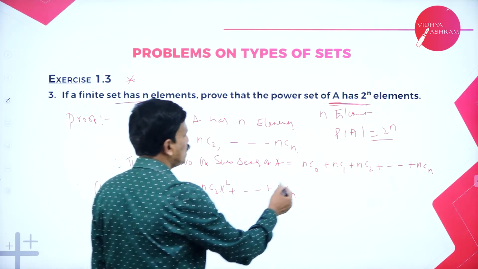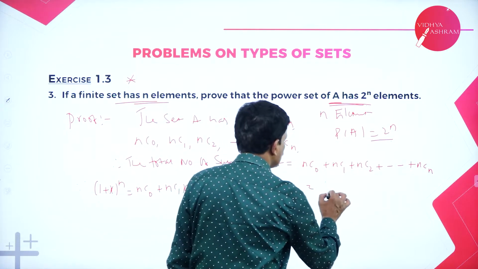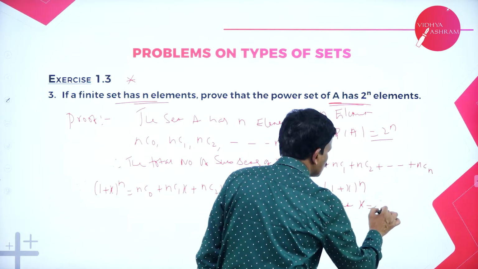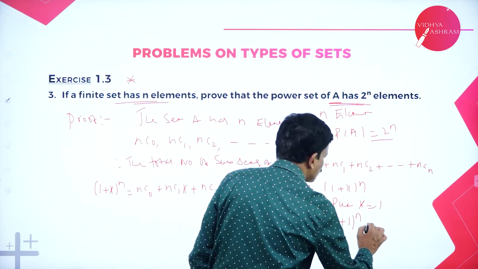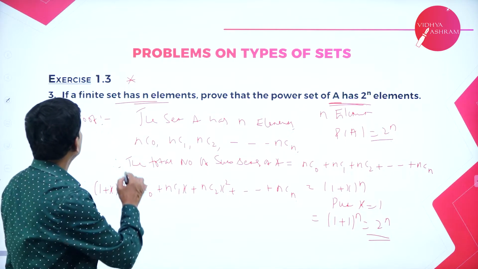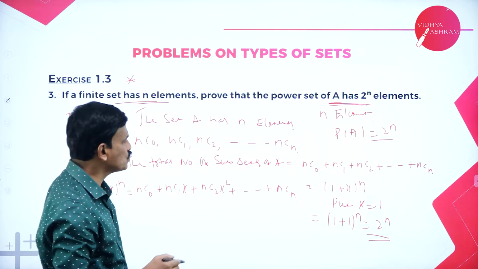If you observe carefully, the total number of subsets can be written as (1 plus x) to the power of n. Now put x equal to 1. Then this becomes (1 plus 1) to the power of n, which is 2 to the power of n. So the number of subsets of a set A with n elements is 2 to the power of n.